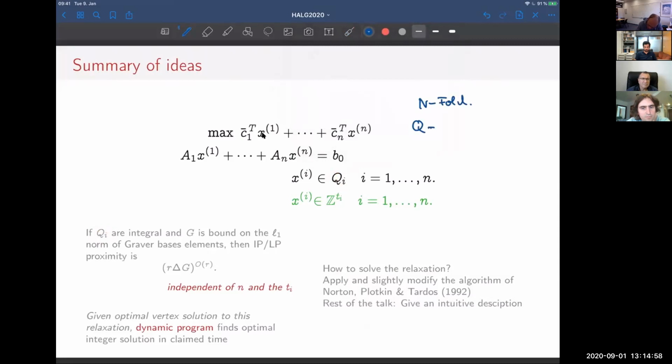The Qi would be xi such that Bi times xi is equal to bi, and 0 is less than or equal to xi is less than or equal to some upper bound. We know how to solve these with dynamic programming, in fact. This is what I have shown you in the beginning. So this means that algorithmically, we have the integer hull of these in hand.